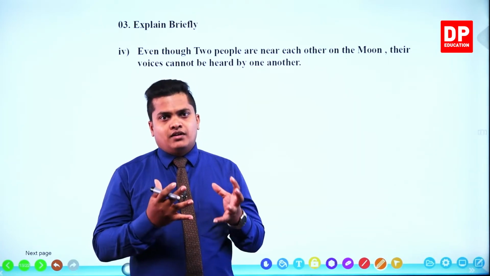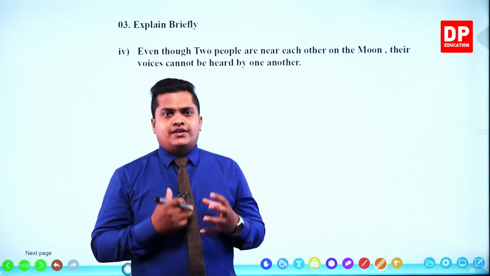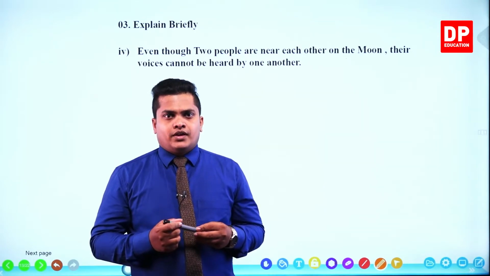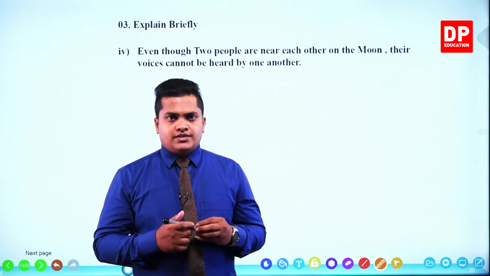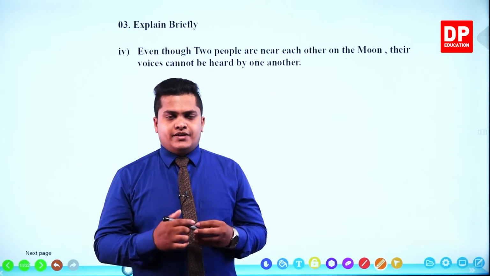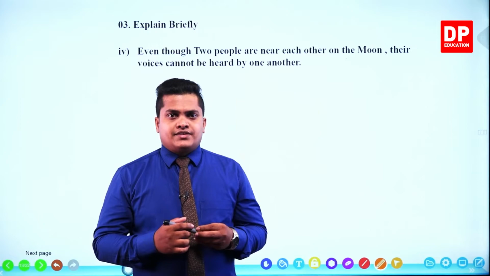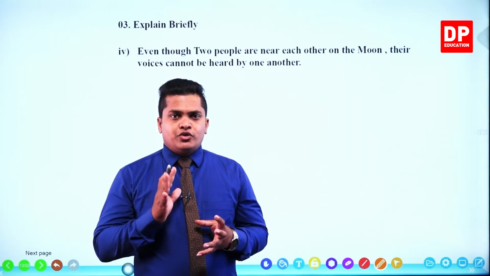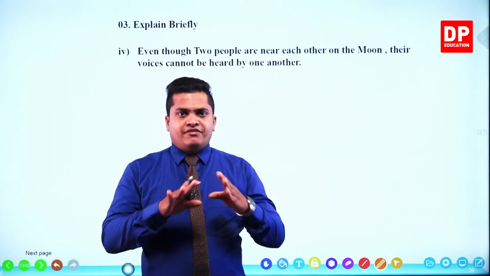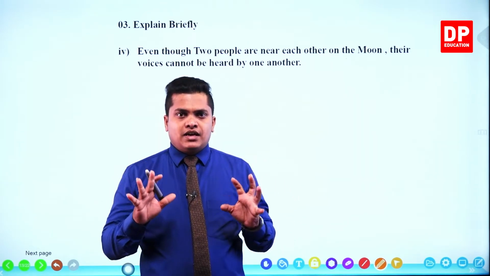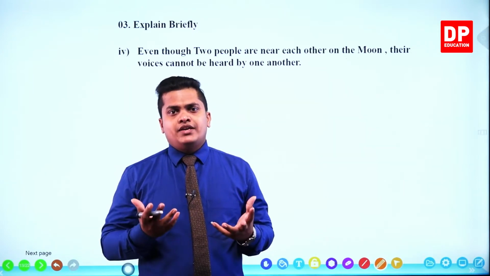Simply, particle matter. If you take any particle matter, that thing is referred to as a medium. So sound is going to travel from particle to particle. If there are no particles in our surroundings, then we can't hear sounds.